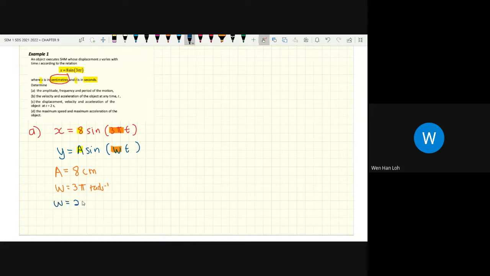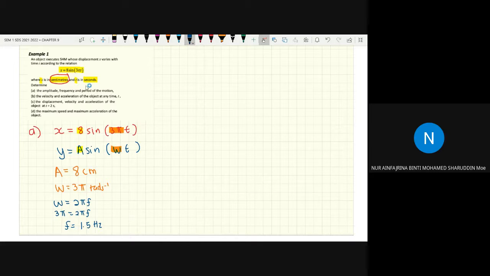Omega equals to 2 pi f. Jadi masukkan 3 pi equals 2 pi f. Jadi frekuensi awak akan dapat 1.5 Hertz. Okay, correct.